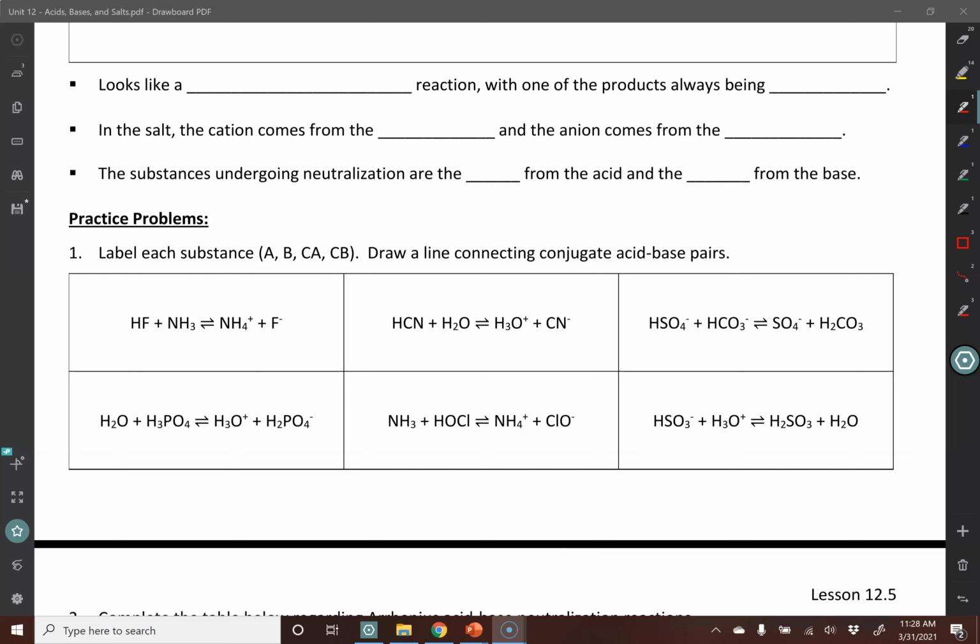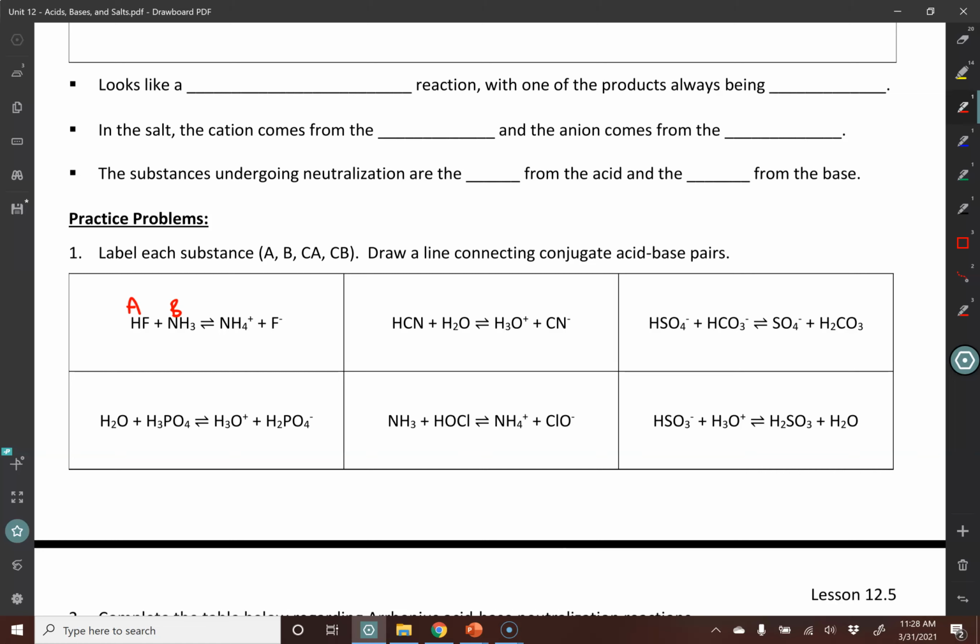It seems like hydrogen fluoride becomes F-, so it lost a proton. So a proton donor, that is an acid. That means ammonia is behaving as a base. Let's double check and make sure it's a proton acceptor. NH3 becomes NH4+. Yes, that is a proton acceptor.